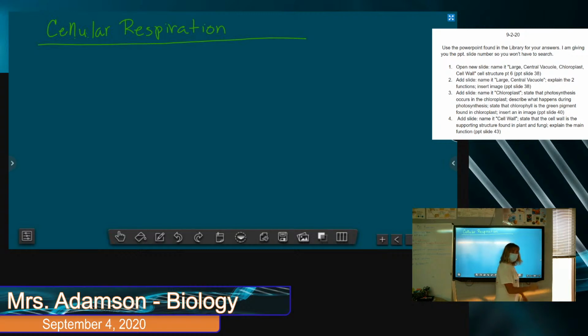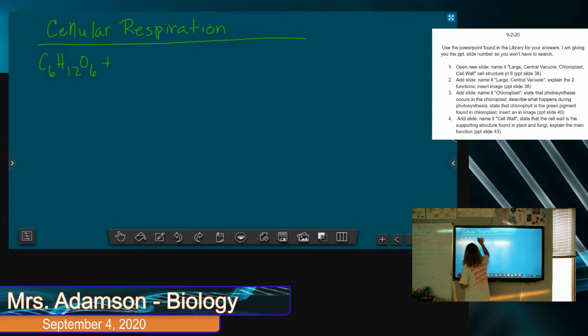All right. Now, just like photosynthesis has a chemical equation, cellular respiration also has one. We're going to take what was made in photosynthesis, that glucose, and add oxygen to it.